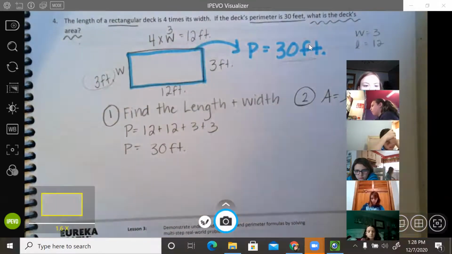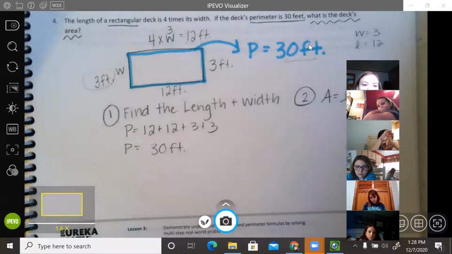So now this time I'm going to put you into another group. Now with this group, you're going to find the area of the deck and make sure it's labeled. This time it's not going to be that long. Let's do about 3 minutes. So that's going to be to write an appropriate equation and put an answer with the correct units.